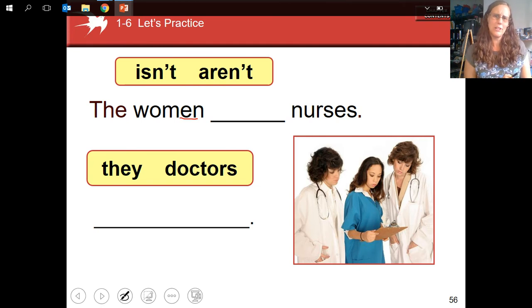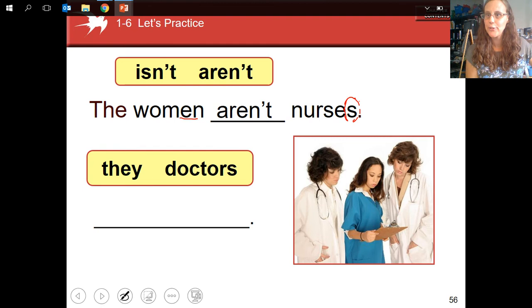Women, singular, or plural? One or many? Another clue? Woman, women. Look here. One nurse or more than one? Okay, so the women aren't nurses.